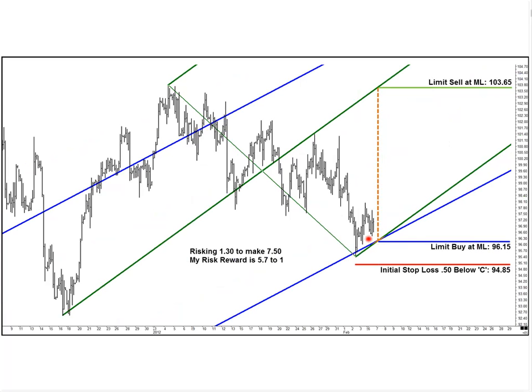I'm going to be a limit buyer at 96.15 right at the confluence where both of these median lines meet. My stop loss is going to be 94.85. And if I got filled and then price immediately spiked up and hit the green median line, I'll be a limit seller of my position at 103.65.